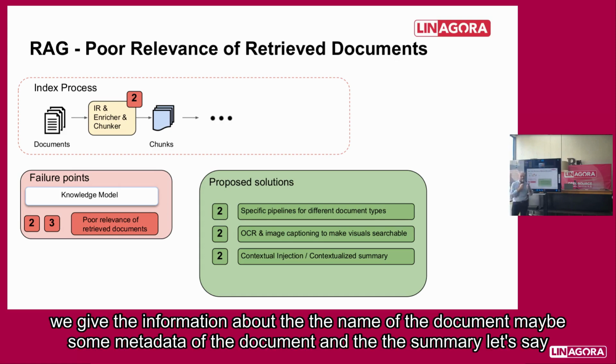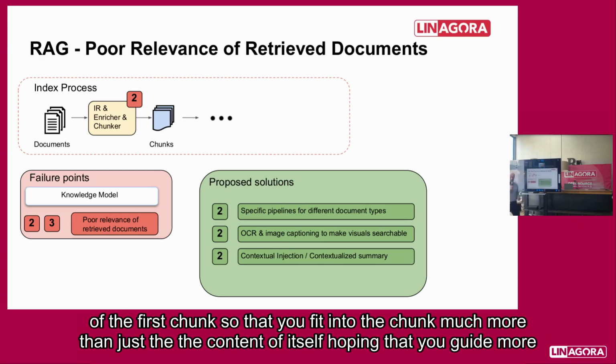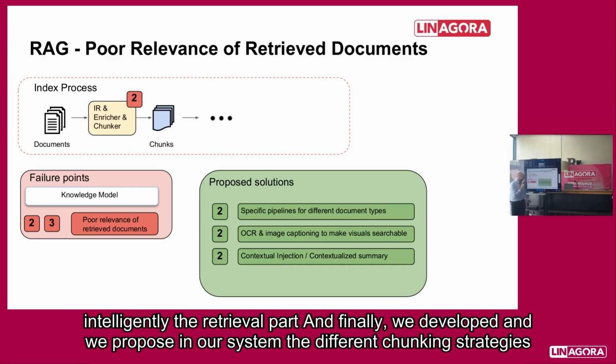We give information about the name of the documents, maybe some metadata of the documents, and the summary, let's say, of the first chunk, so that you feed into the chunk much more than just its own content, hoping that you guide the retrieval part more intelligently.